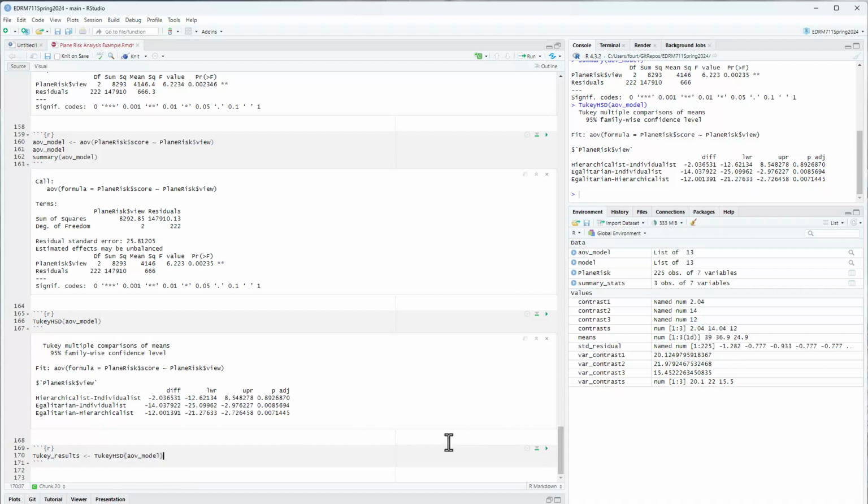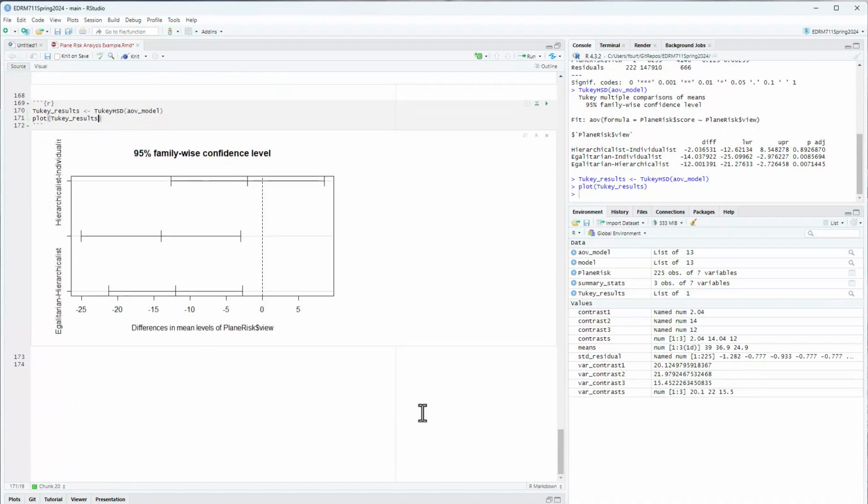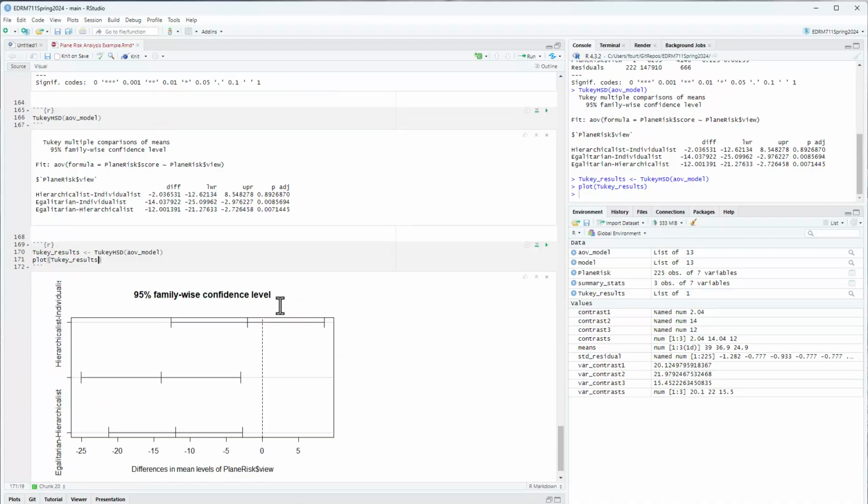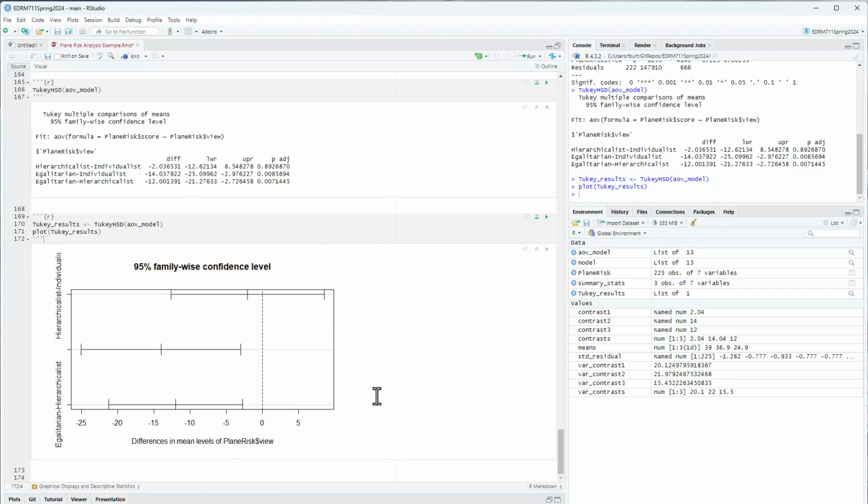If you do that, you can then put an additional line in which you say plot the Tukey results. And other than the title, this is kind of cool. You see how I don't like the title? The title is 95% family-wise confidence level. Why not have a title like Tukey confidence intervals?